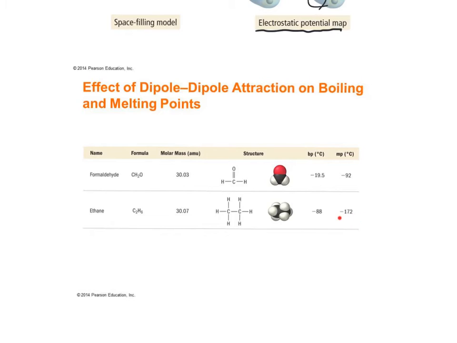And even though they have similar molar masses, they shouldn't have that difference if it was purely through dispersion forces like induced dipole. Because this one has a dipole, because the CO is going to give it a dipole, and because this is a polar molecule, the forces of attraction are going to be greater. It's going to take higher temperatures to cause the phases to change.